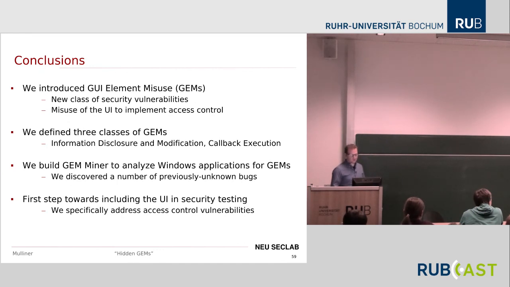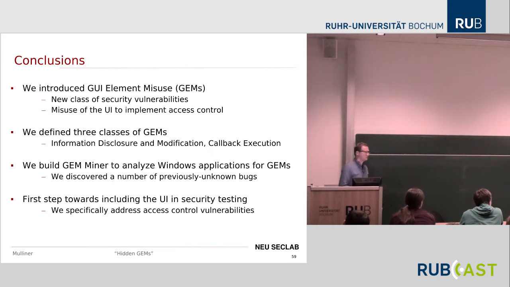Yeah, the conclusions of our research: we found this new and interesting class of UI-based attacks, where people misuse the UI to implement access control. We found those three different classes, and we built a small system to automatically analyze Windows applications, and we found a number of bugs that nobody was aware of, also not the companies.